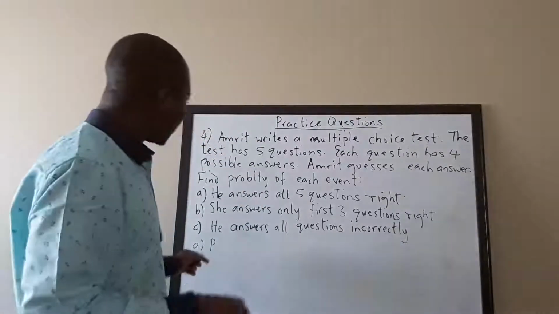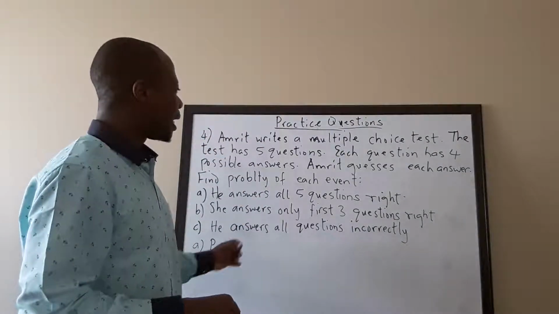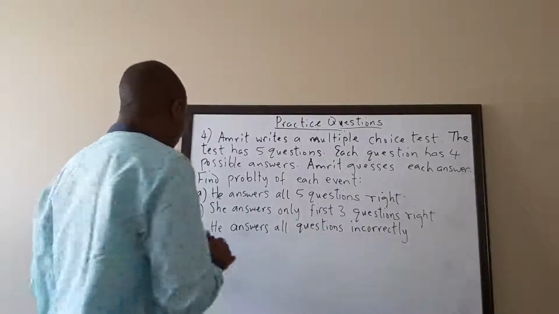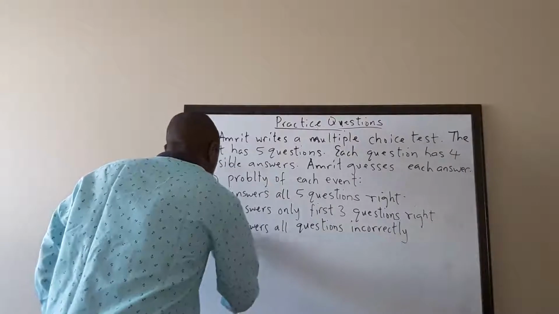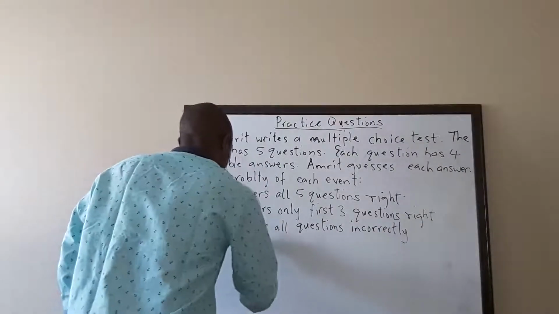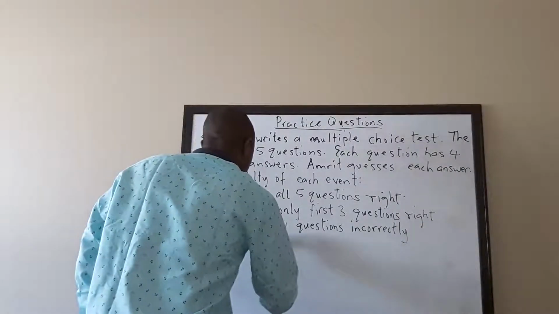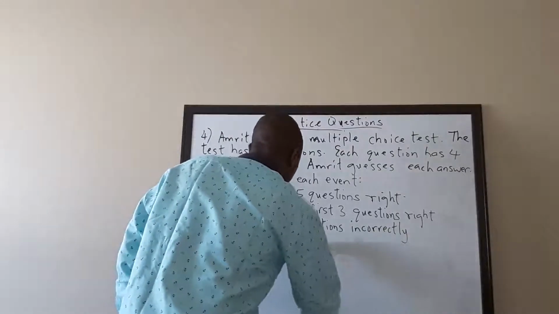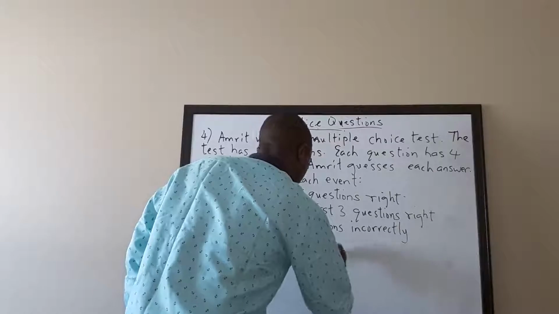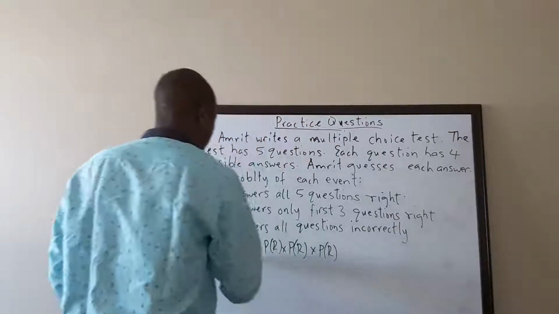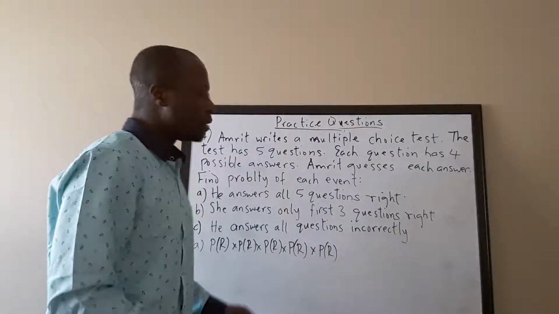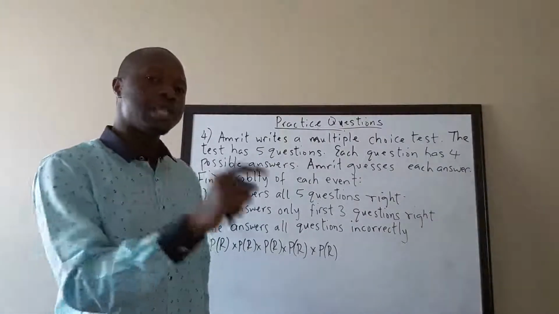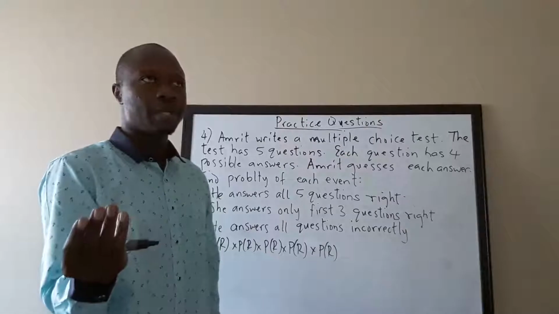So the probability that he answers each question right is this. P right times P right times P right times P right times P right. Now if you're looking at 4 multiple choice answers, that means 1 is correct and 3 are wrong.